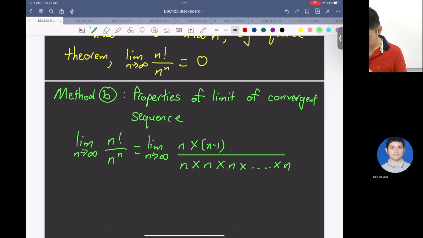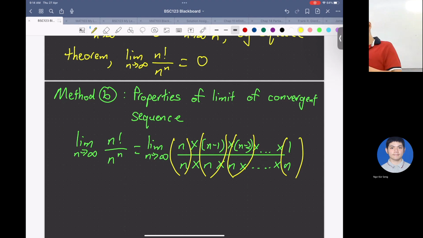So just now we split it because at the top you have n terms, and at the bottom you also have n terms, so you can group the terms one by one. What do you see?